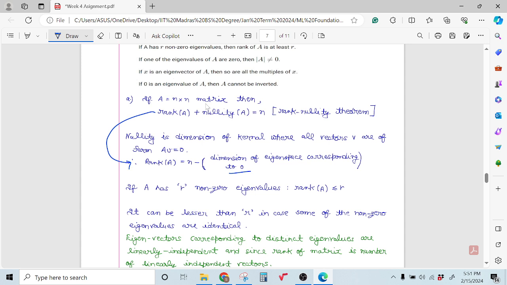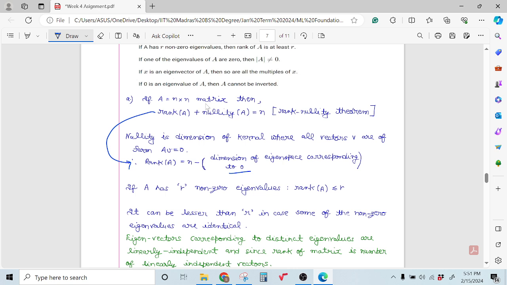So if a matrix A has r non-zero eigenvalues, the rank of the matrix will be less than or equal to r. It can be lesser in case some of the non-zero eigenvalues are identical.